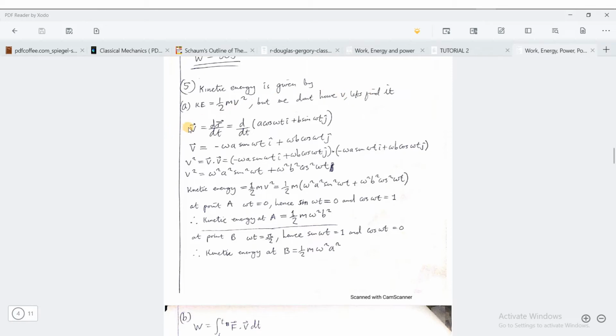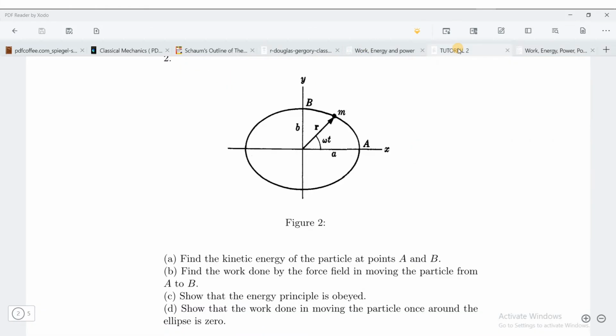We know from vectors that v is equal to dr over dt, and we know what r is. It's been given here.